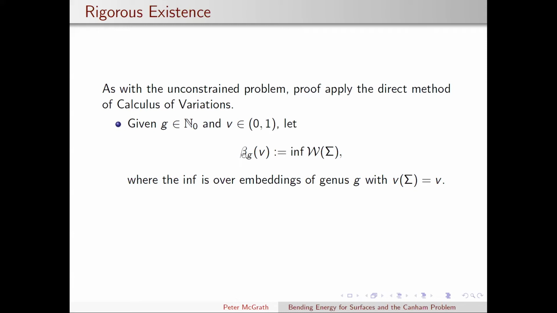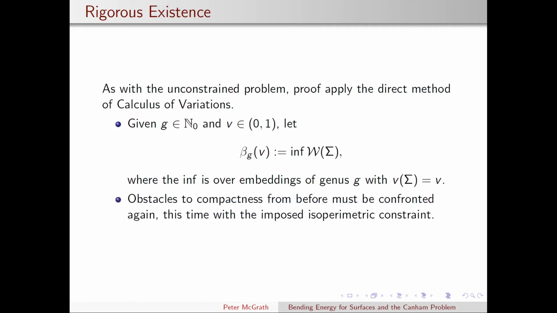So I actually have a function beta_G of V. For each fixed V, I take the infimum over all surfaces with genus G and that particular isoperimetric ratio. And then I would like, of course, to find a smooth surface with genus G and isoperimetric ratio V, whose Willmore integral is beta_G of V.